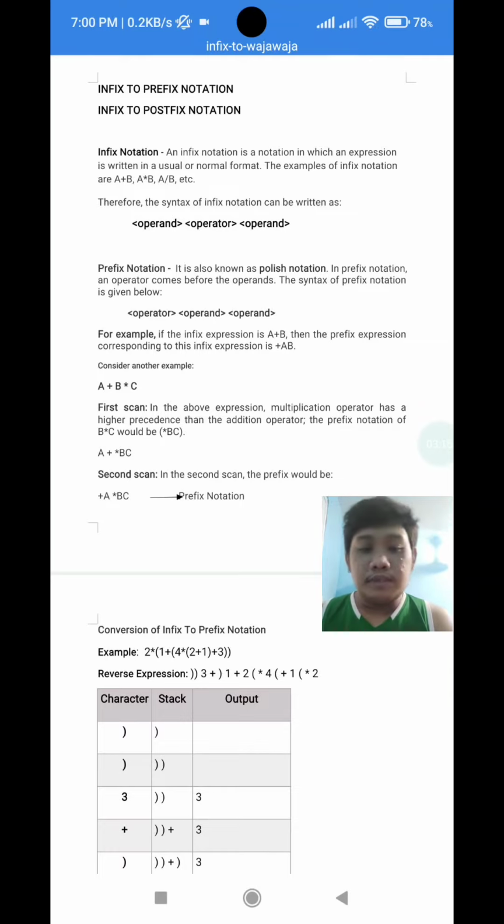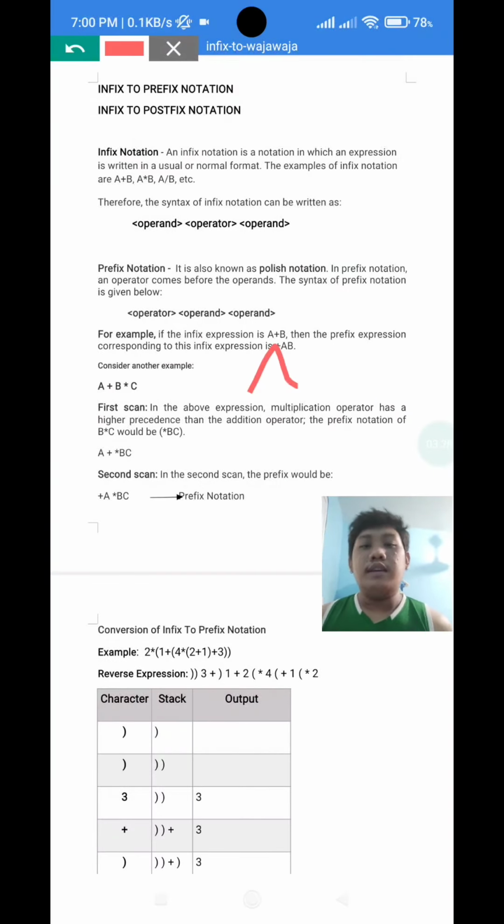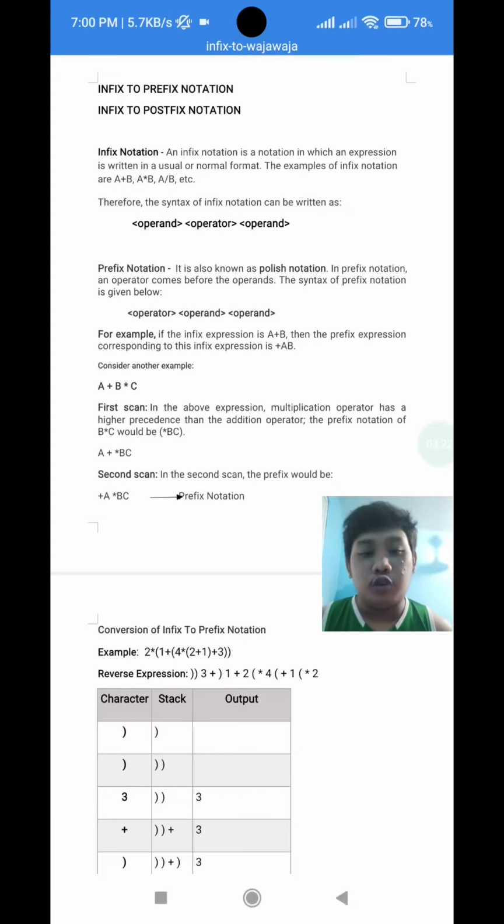So for the exponent symbol, it has a precedence value of 4, and its associativity is right to left. Next is the multiplication and the division. Both have a precedence value of 3, and their associativity is left to right.